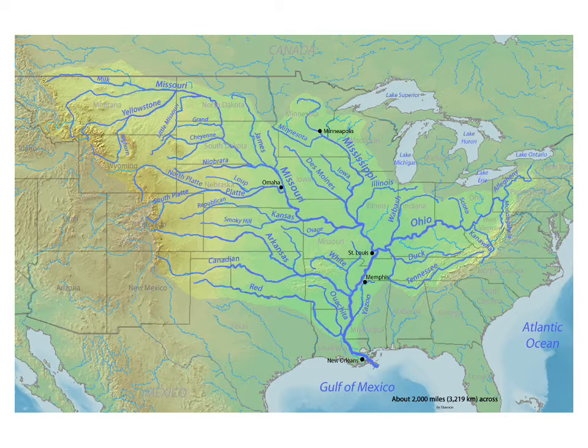And today we tend not to think too much of rivers because we think of products being transported by truck or train, but it's important to realize that over 90% of American agricultural exports flow down the Mississippi River to the port of New Orleans, as do many other products.